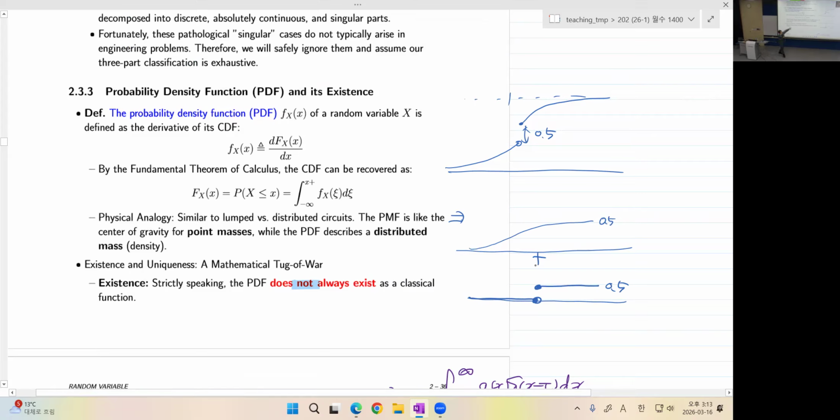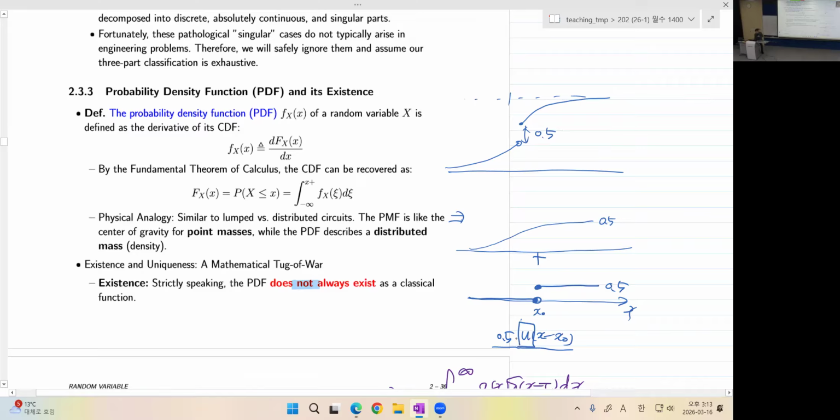You have the upper one, right? If you differentiate, suppose that the continuous one is differentiable, then this is just differentiated. And what do you have? Whenever you have a jump discontinuity, you may write it this way: u of x minus x0, times 0.5.